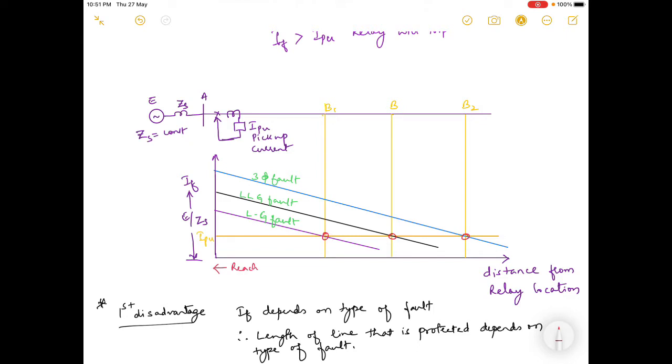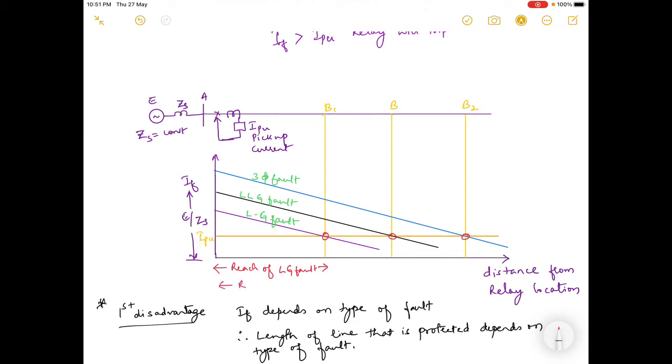So this is how it is written. So reach for LG fault is up to this distance. For this much fault current it can reach up to here, and after that, for LG fault, it cannot give protection.